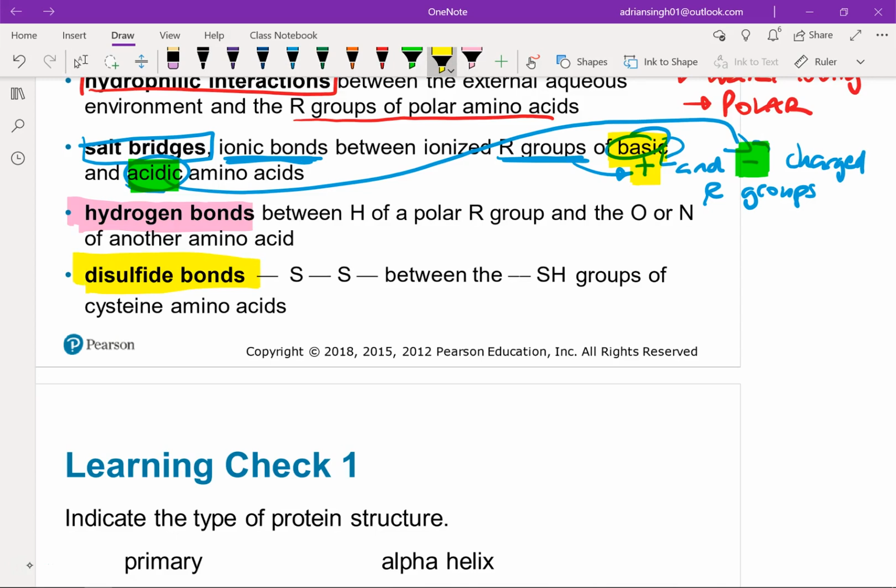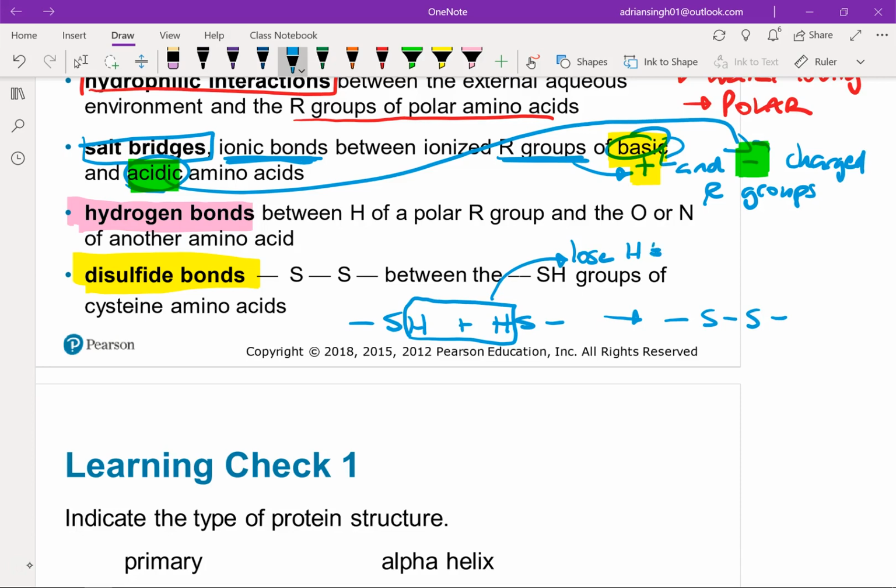And if you remember, a disulfide bond happens when you have 2 thiols that can interact with each other, and you'll end up losing hydrogens, and you end up making that disulfide bond between them.